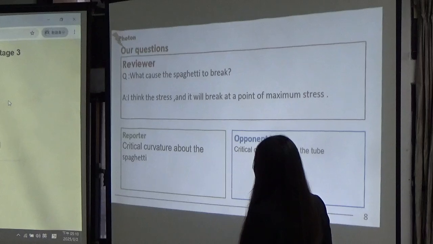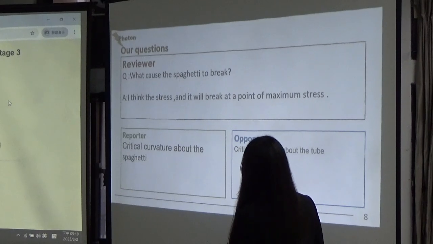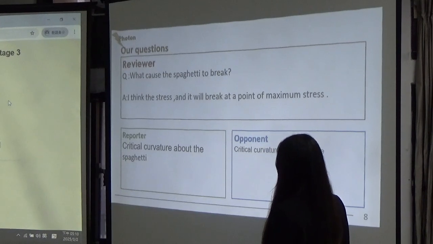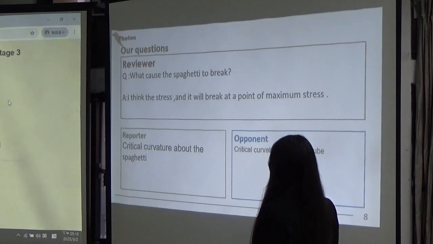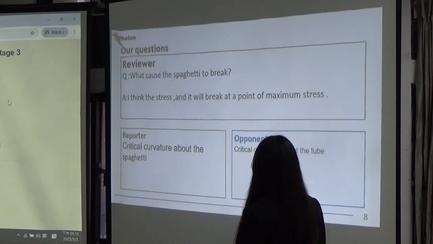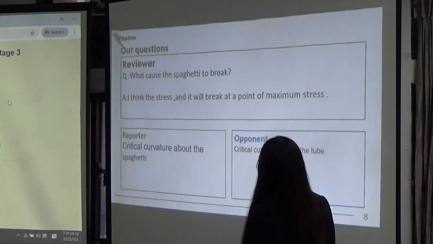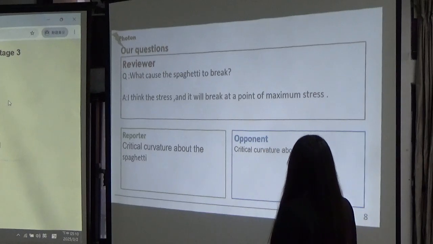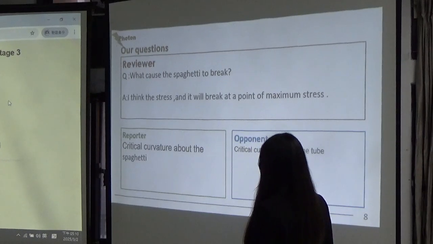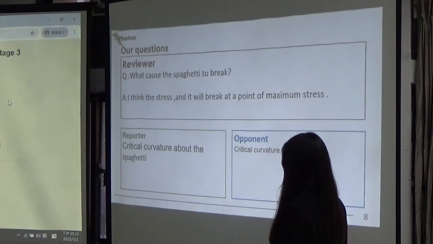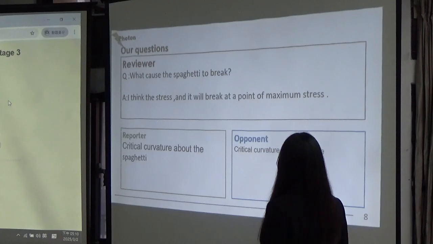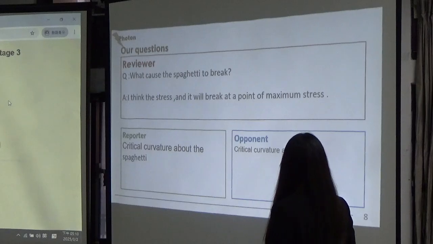In question two, I asked what caused the spaghetti to break. I think it is the stress in the center of the spaghetti, and it will break at the point of maximum stress. The reporter thinks it is the critical curvature of the spaghetti, and the opponent thinks it is the critical curvature of the tube.